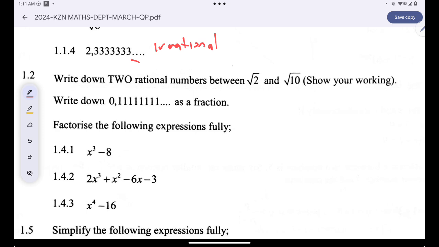Write down two rational numbers between that and the other. There's root 2 in between.